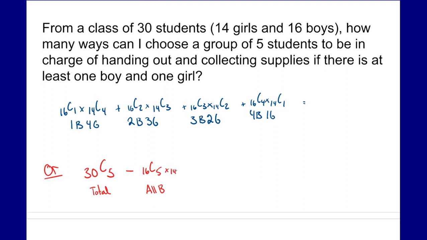We might as well show that anyway, so we get used to looking at the two components of our group. And we're going to subtract the other impossible scenario, which is all girls: 16 choose 0 times 14 choose 5. Once we find our answer here, these two answers should be the same. So we could use the direct or the indirect method for this scenario.